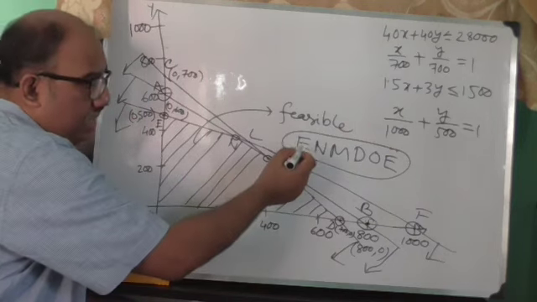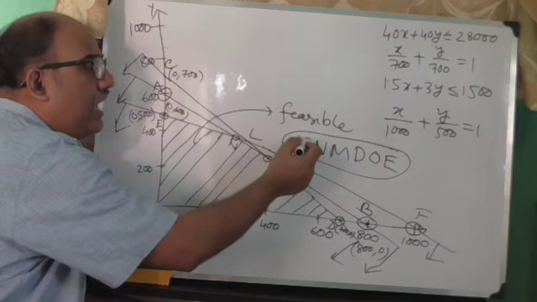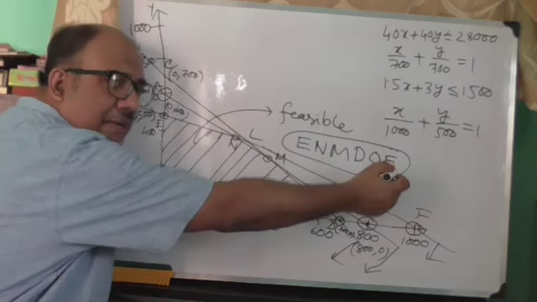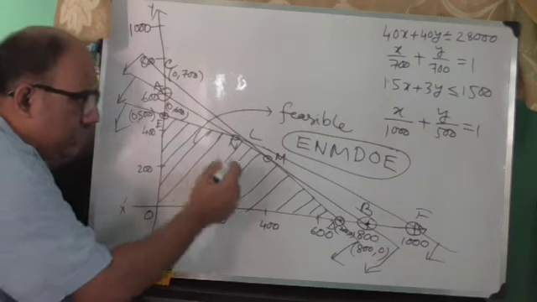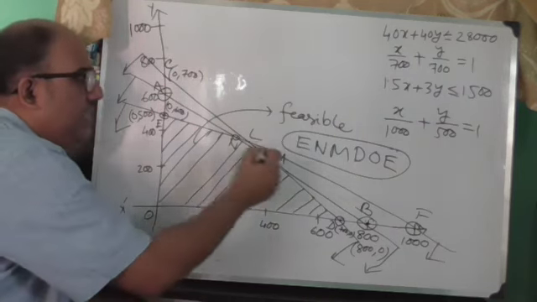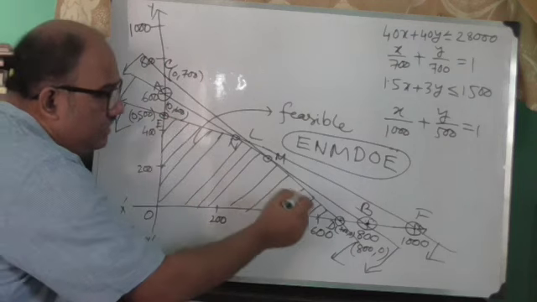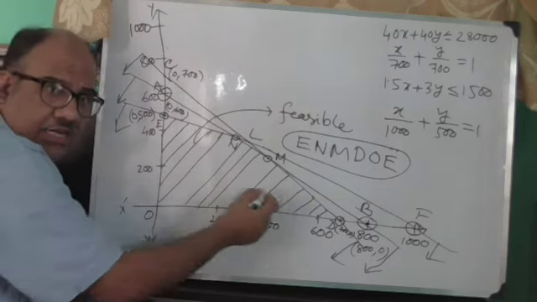If the region starts with a letter and ends with the same letter, then that region is a closed region. It's a closed region because it is bounded by all the different straight lines. In fact, there are 1, 2, 3, 4, 5 straight lines.